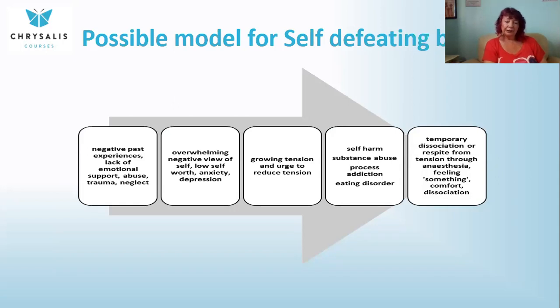So we'll start with self-harm, which is defined as any act of self-poisoning or self-injury carried out irrespective of motivation. And that can be self-poisoning with medication and injuring by a range of different methods, but the most common is cutting.